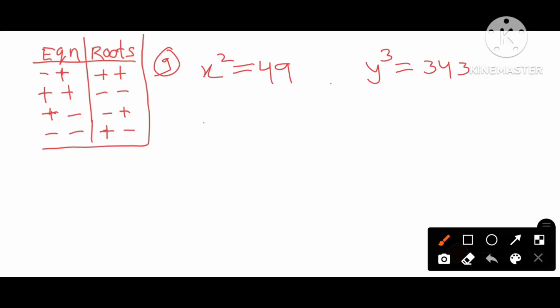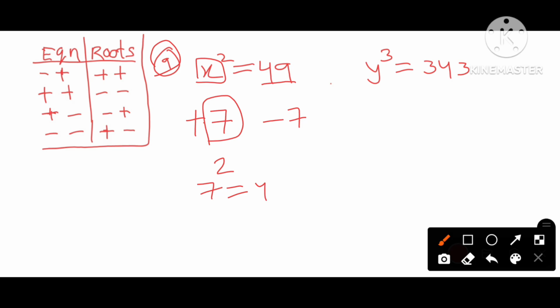Now we are going to see question number 9. Here we see x square value is 49. We know that 7 square is 49, so everyone thinks that the root is 7. But we need to remember that positive 7 and negative 7 are the roots for this equation. Why? Because in place of x we take 7, and we get 7 square, 49.